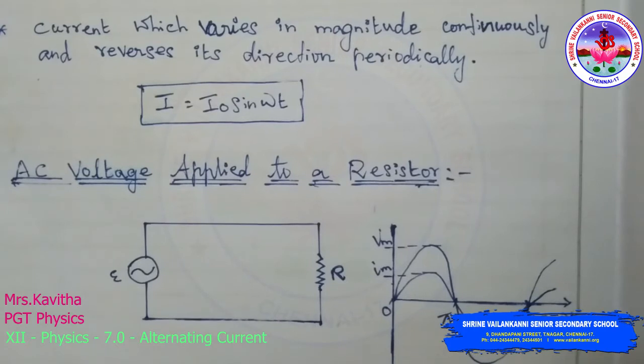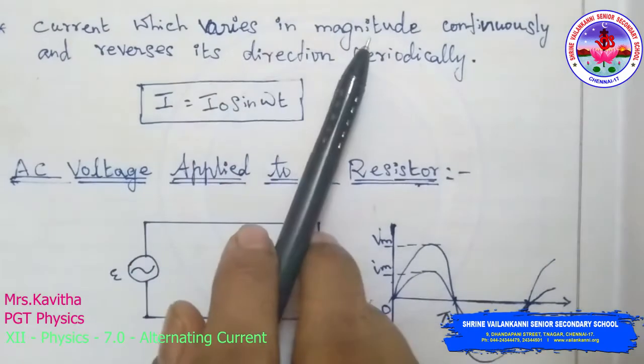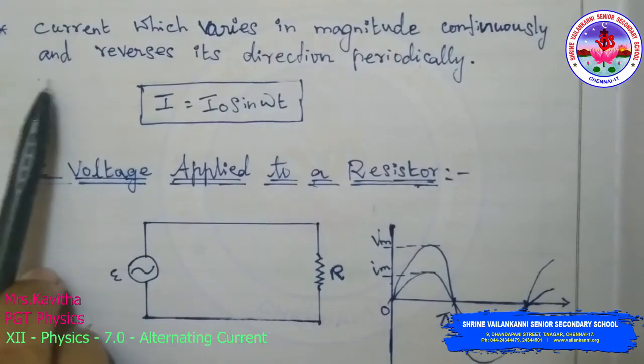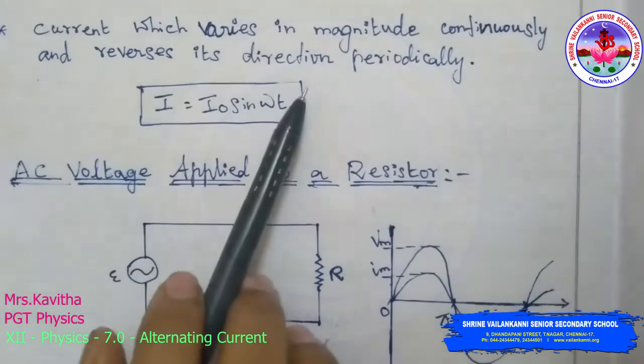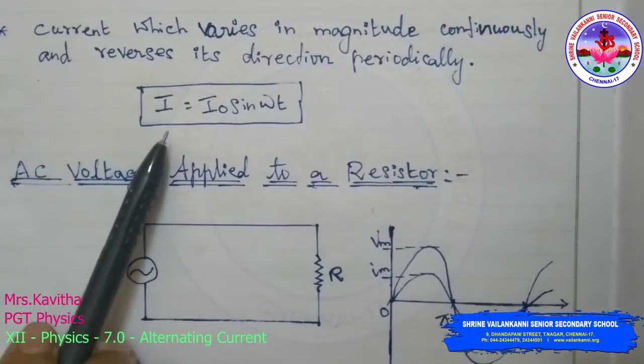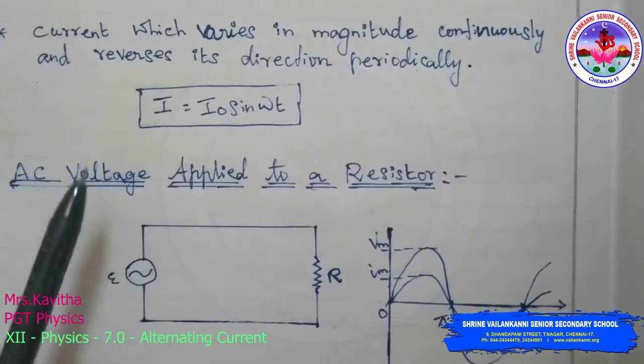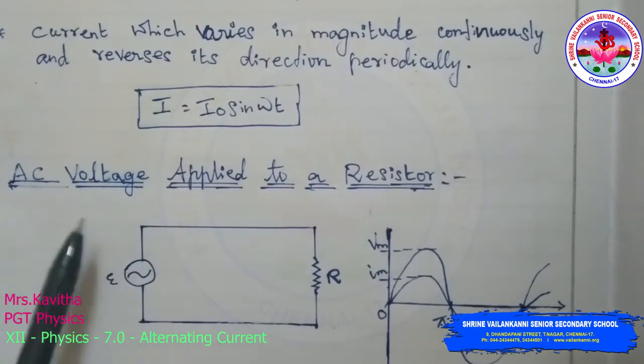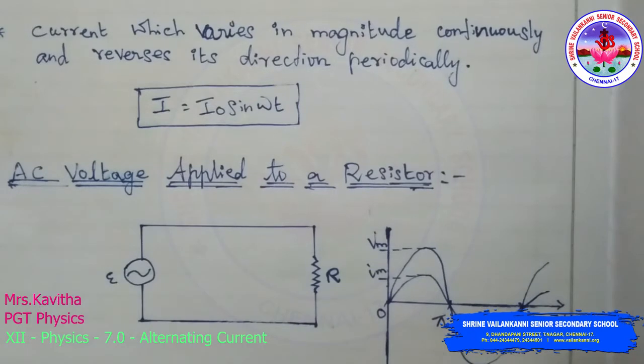The current which varies in magnitude continuously and reverses its direction periodically is I equal to I naught sin omega t. We can see an AC voltage applied to a resistor.